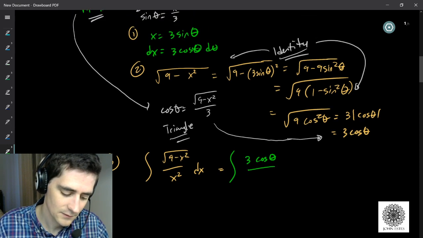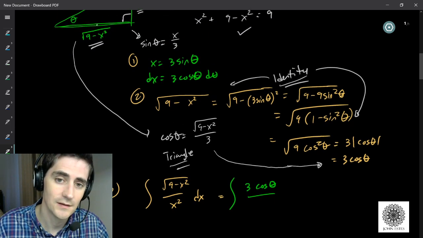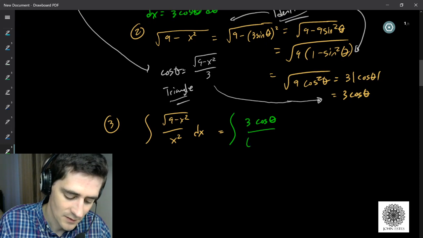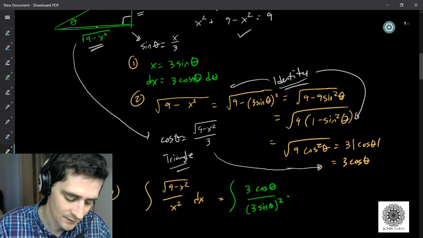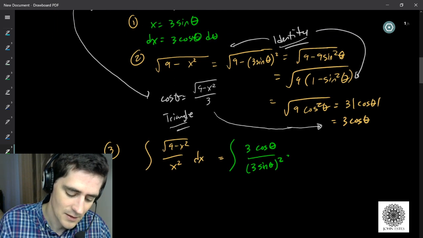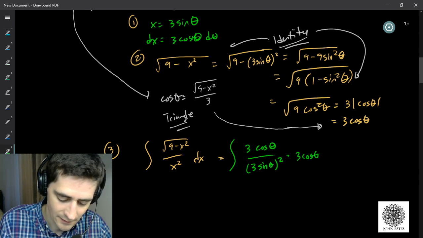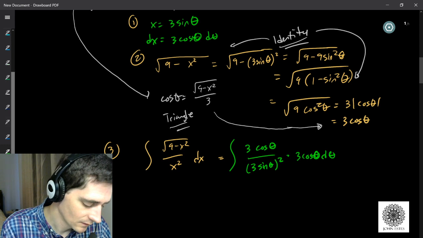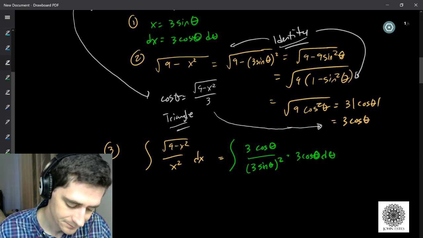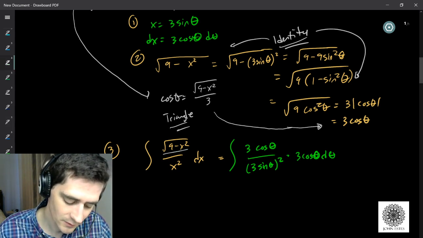The x squared, well, x is 3 sine theta, so that's going to be 3 sine theta quantity squared. And then the derivative, the dx, is 3 cosine theta d theta. Okay, so I'm making these substitutions one at a time here.